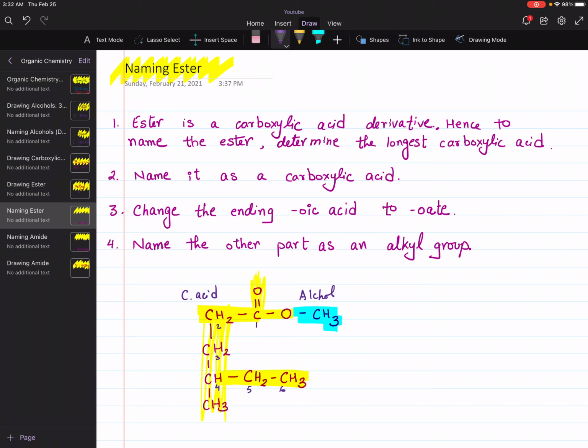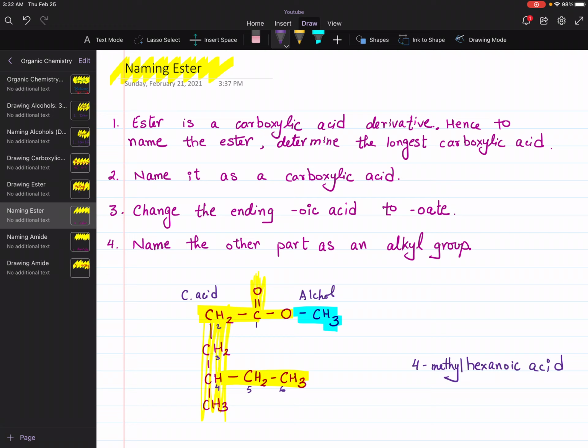So it is going to be a hexanoic acid, because we are trying to name it as the acid. And on this hexanoic acid, we have a methyl group attached on position 4. So it's a 4-methyl hexanoic acid. All right, so that is step number 2.